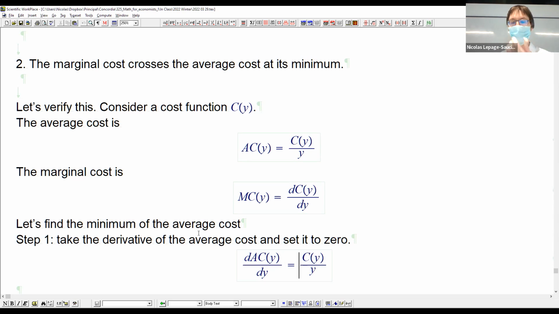So a quotient is a bit like a product, but it's a bit different.